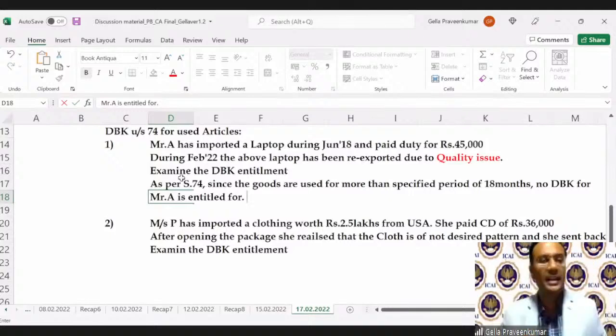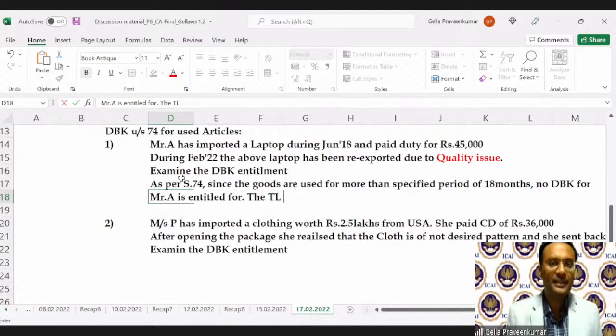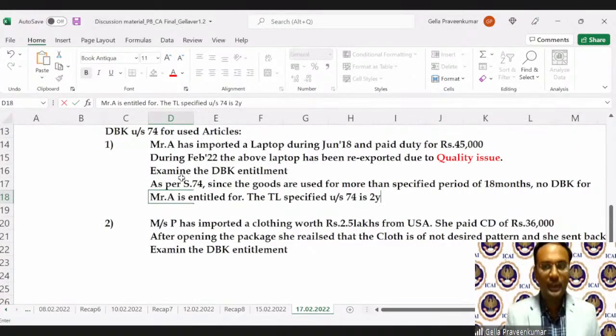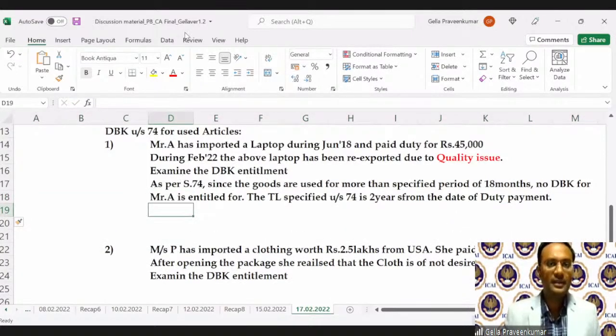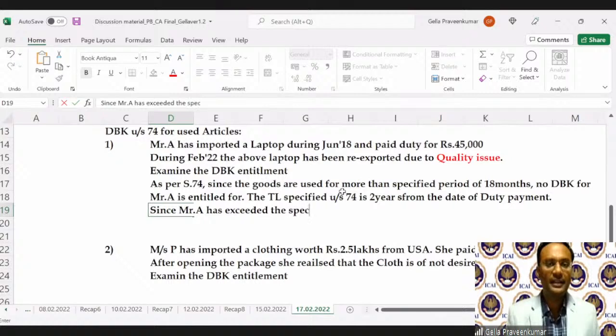By June 20, my time limit gets over. So further you will say the time limit specified under section 74 is 2 years from the date of duty payment. So here we will say, since Mr. A has exceeded the specified time limit, no drawback entitlement is there for Mr. A.